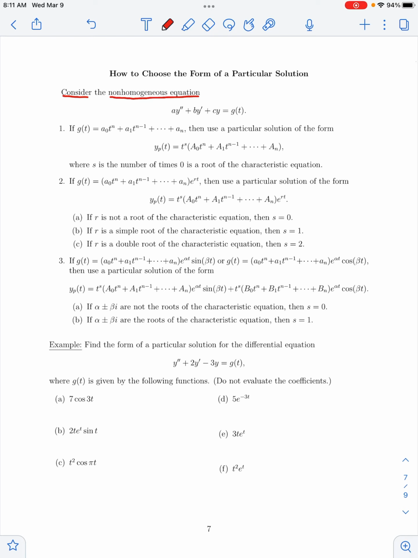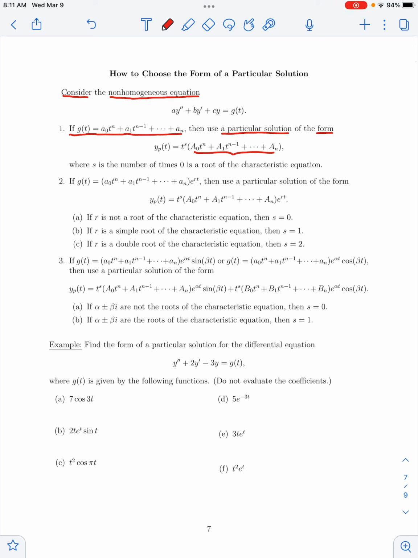The first type that we looked at, in case 1, is if g of t is an nth degree polynomial. Then we would consider a particular solution of the same form. That is, let us look at some general nth degree polynomial.